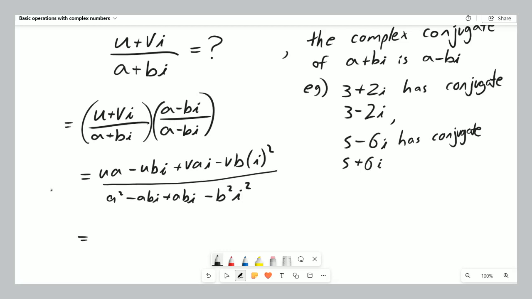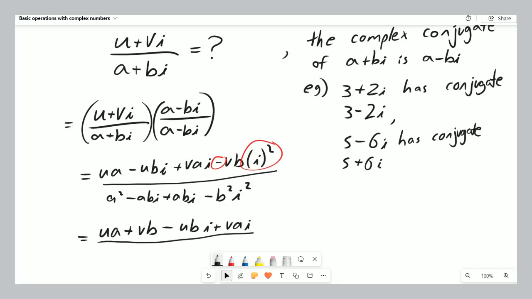So at the top, our i squared right here becomes -1, which combined with this -1 becomes a positive, right? So we have ua plus vb minus ubi plus vai.